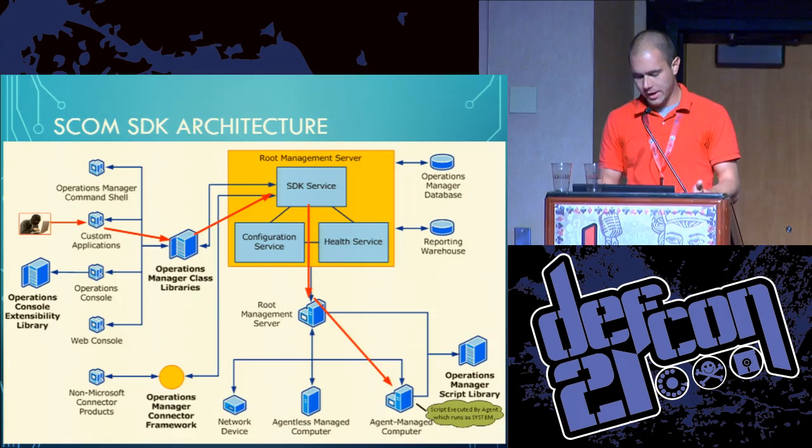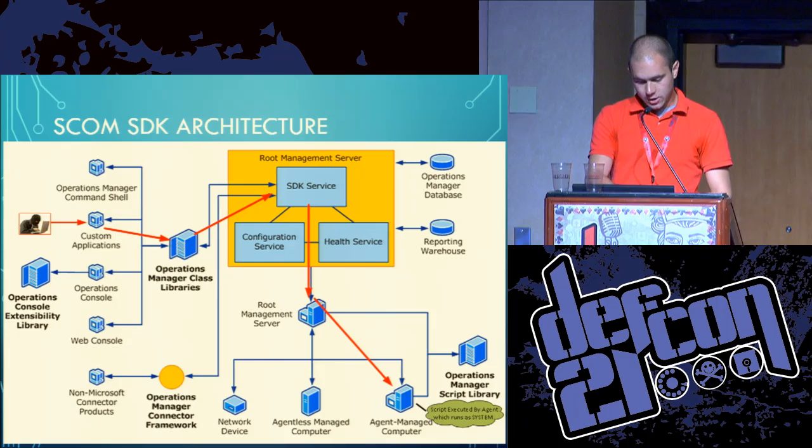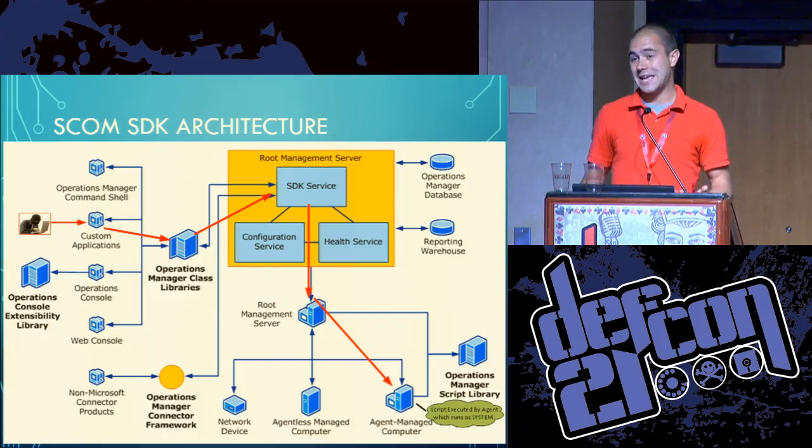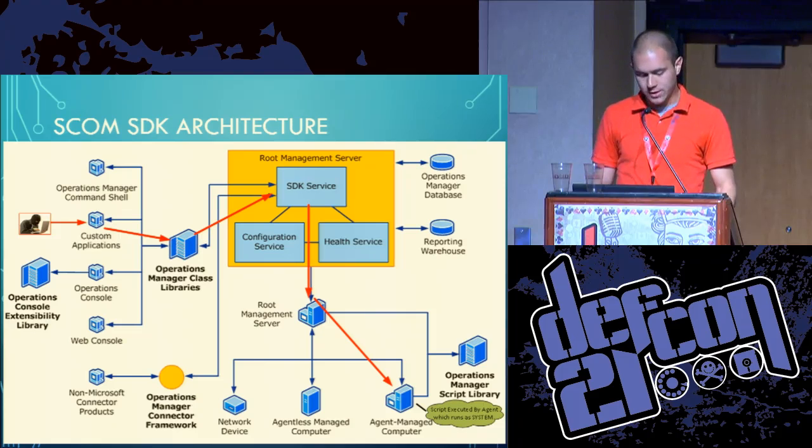It uses the SDK, which then executes on the root management server, and that runs the script on the agent-managed machines. It usually runs as whatever the agent is running as, and by default it runs as local system, which I already mentioned. They have an Operations Manager console as well, and that uses the SDK too, but you can also use the libraries that they have.